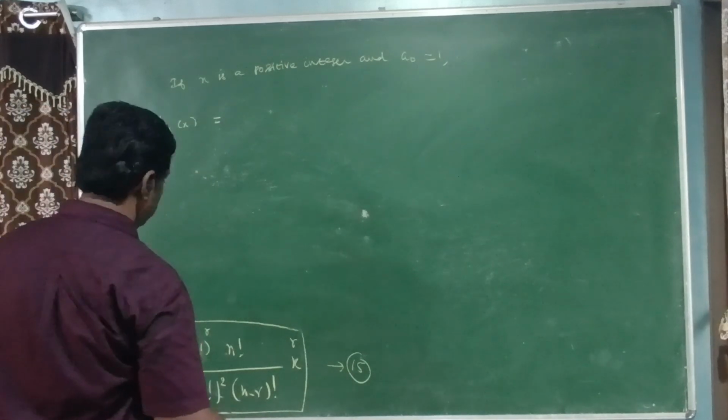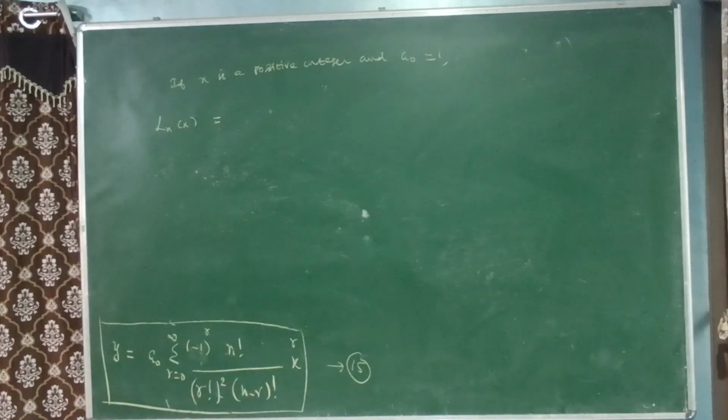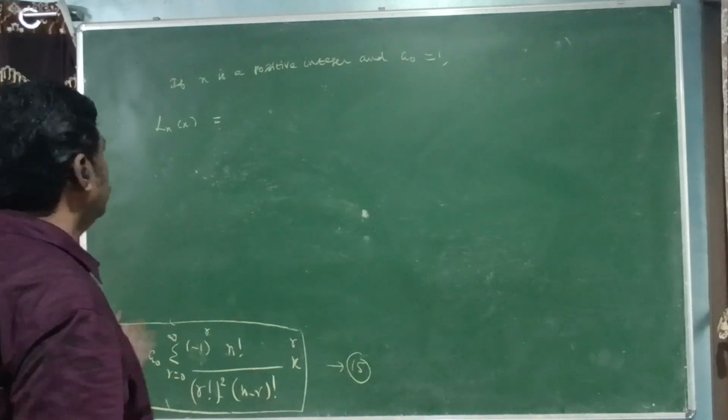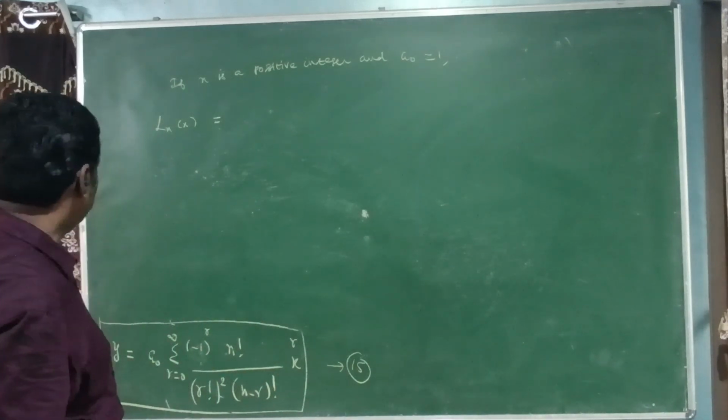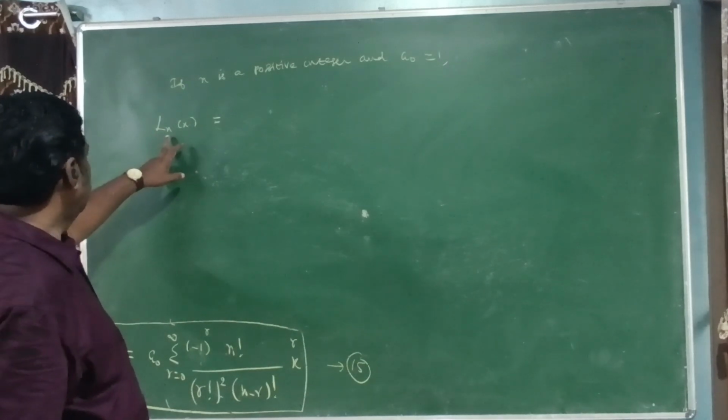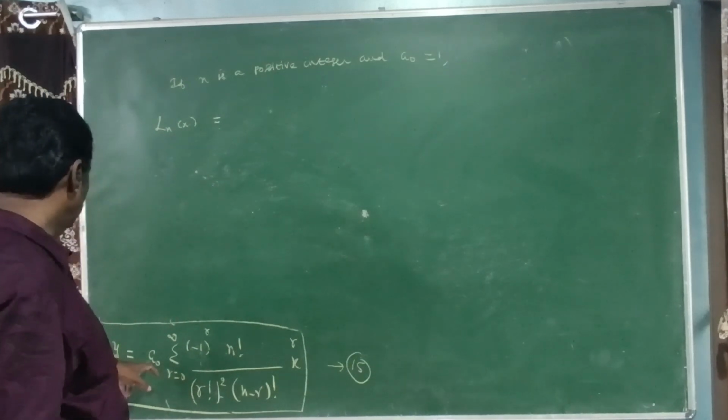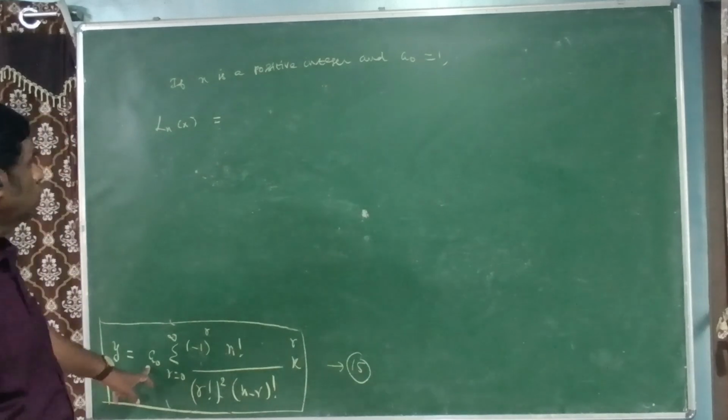If n is a positive integer and a0 equal to 1, the Laguerre polynomial of order n is written without a0.